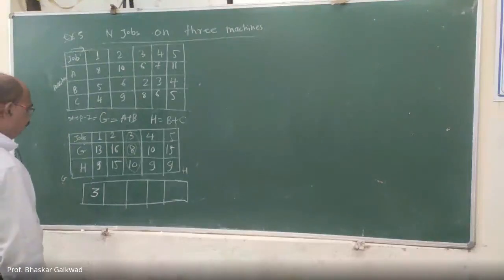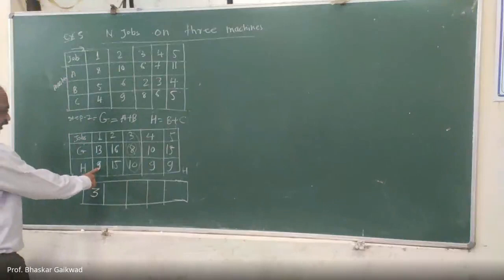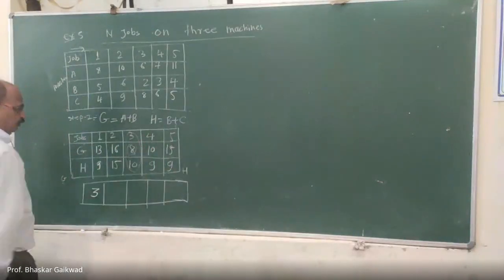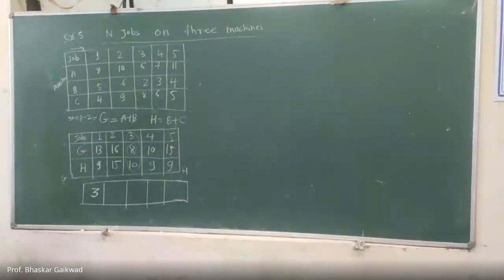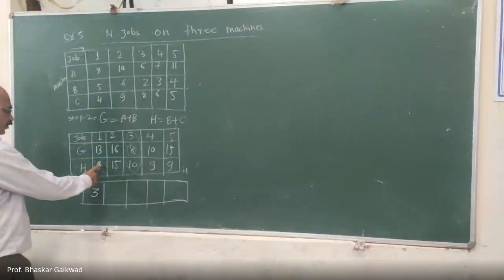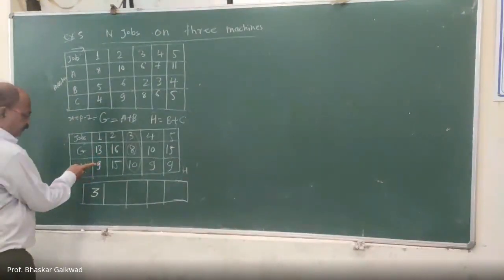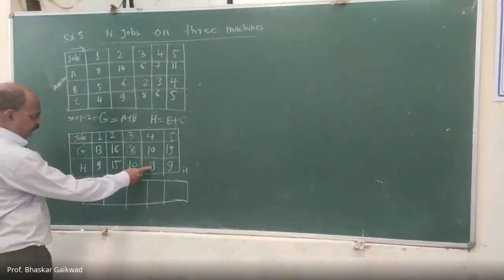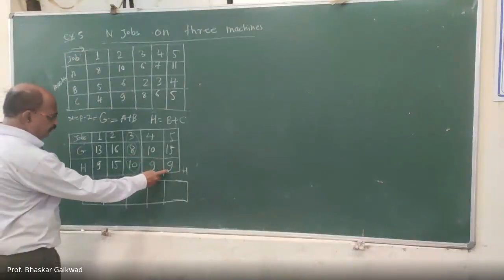Then the next minimum value is 9. Here is 9, here is 9, here is 9. So which one will we take first? We have to decide on corresponding numbers. So here is 9, 13 is there, 9, 10 is there, 9, 15 is there.